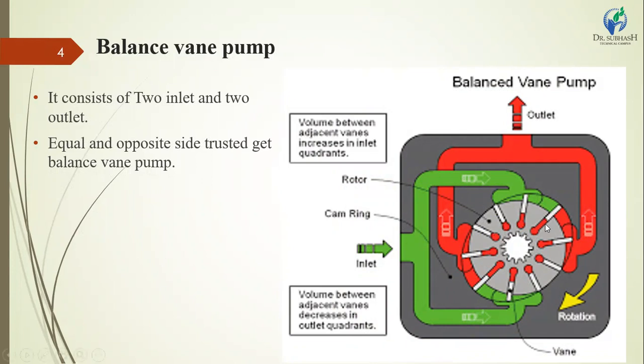Here the vanes are run by an external prime mover and are rotating in a circular motion. The vane positions are shown by colors. This vane is shown as a fully open vane, and this vane is shown as a closed vane, which means this area is the decreasing side and here the area is the increasing side.